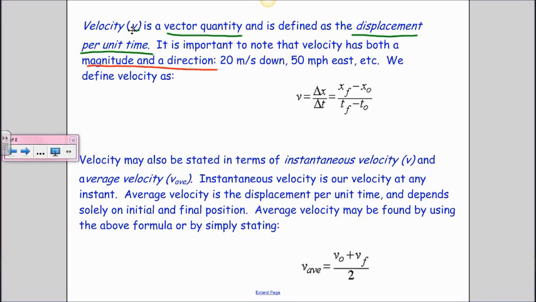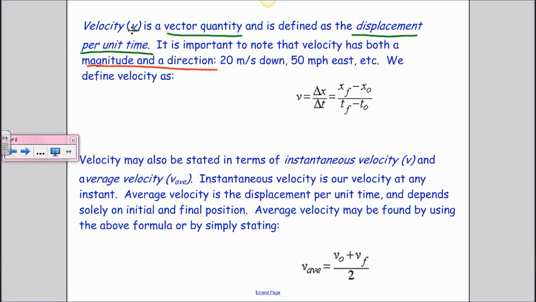So if you write down a velocity as 20 meters per second, and you do not indicate in what direction it's moving, that's only half of a right answer. Examples of velocity are 20 meters per second down, 50 miles per hour east, etc.